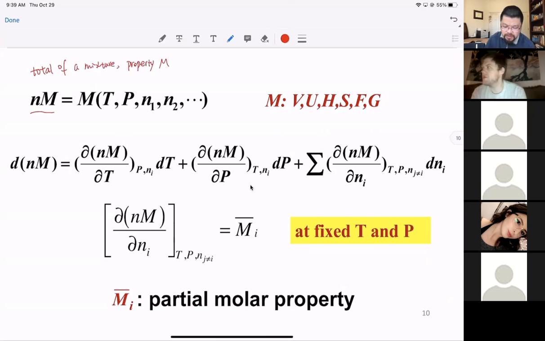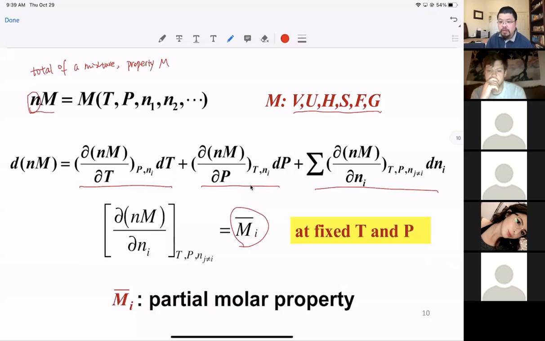In order to remind ourselves, this is why we put this lowercase n over there, and N could be any of the six properties: energy, volume, and entropy and so on. If we look at the derivative with respect to the number of moles of component i, at fixed temperature and pressure, and the summation loops over all the components, then over here we define this as a partial molar property.